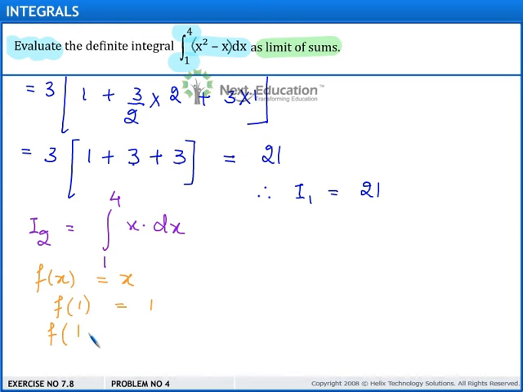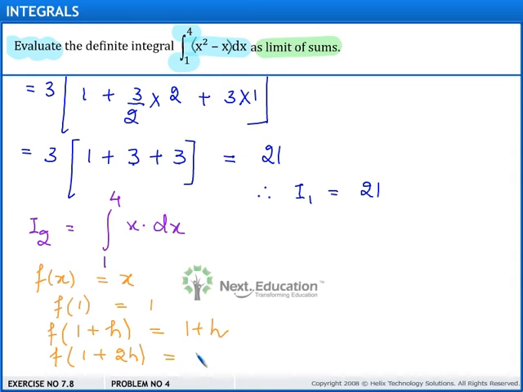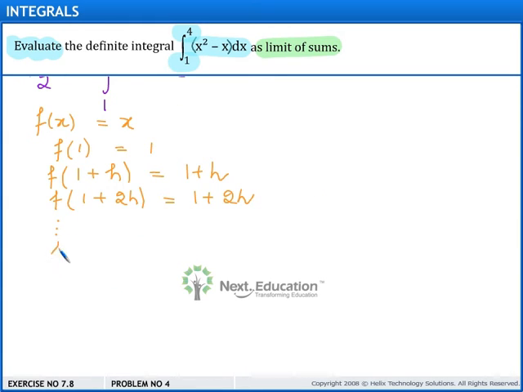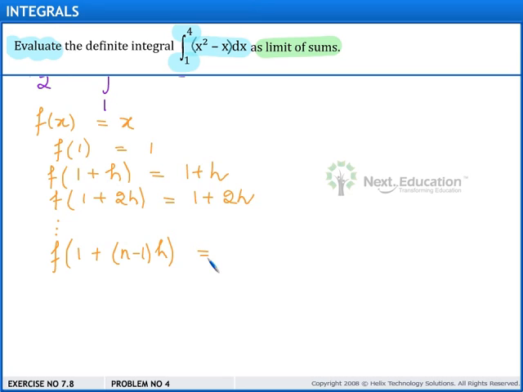F of a plus h, that is 1 plus h, is equal to 1 plus h. F of a plus 2h, that is 1 plus 2h, is equal to 1 plus 2h, and so on up to f of a plus n minus 1 into h. So this is equal to 1 plus n minus 1 into h.